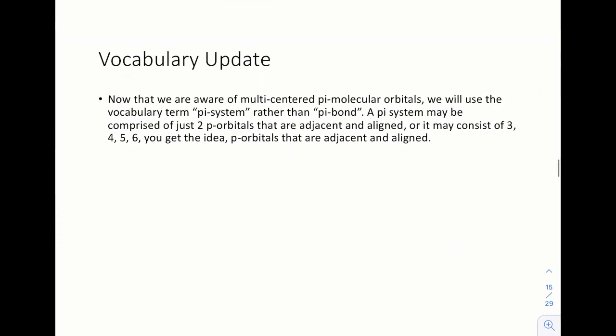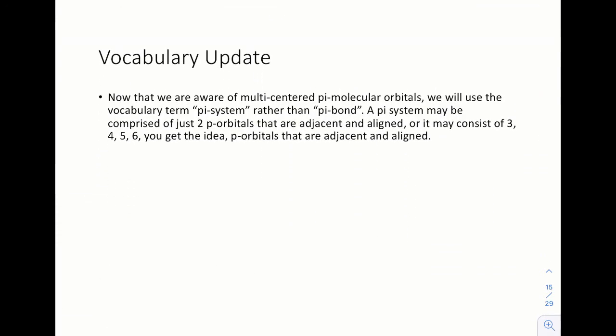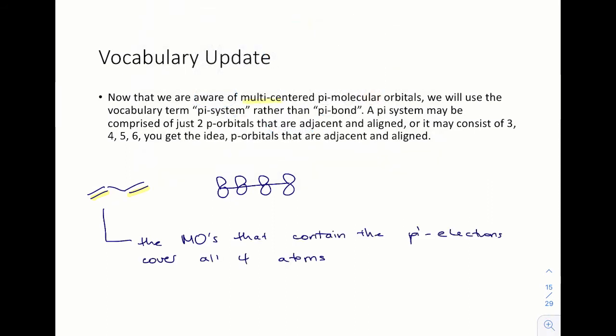Now that we are aware of these multi-centered pi molecular orbitals, for the 1,3-diene, the orbitals that contain the pi electrons, these 4 electrons, are in orbitals made up from p orbitals that span all 4 atoms. That's where this term multi-centered comes from, all 4 atoms.